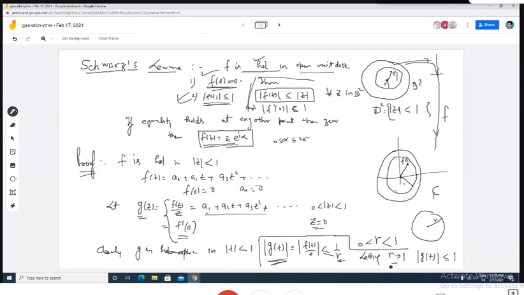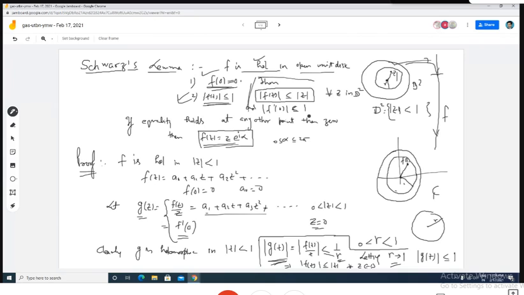Now letting r tend to 1, modulus of g(z) is less than or equal to 1, which means modulus of f(z) is less than or equal to modulus of z for every z in the disk. So this is the first part.